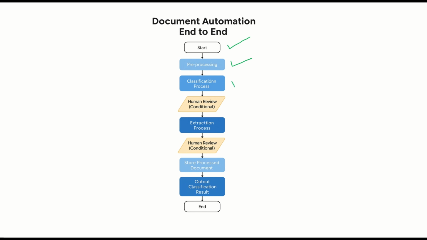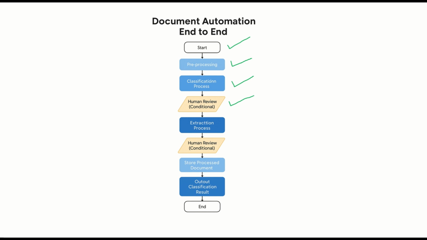Then we classified that particular document whenever you have different document types in the input folders, right? And also, in the previous session, we added how we can auto-heal that classification model. Then whenever a human review is required, we have implemented a human review inside the Copilot.